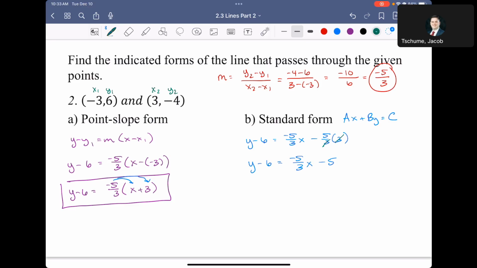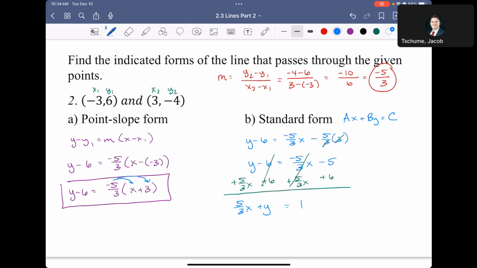So in order to achieve that, I'm going to move my x value over, which is the 5/3 x, by adding it to both sides. That will give me the 5/3 x that I need. And I can also bring down the positive y because it's going to stay there. And to move my constants over, I'm going to add 6 to both sides. That way it cancels off the left, and you end up getting negative 5 plus 6, which is positive 1 on the right.